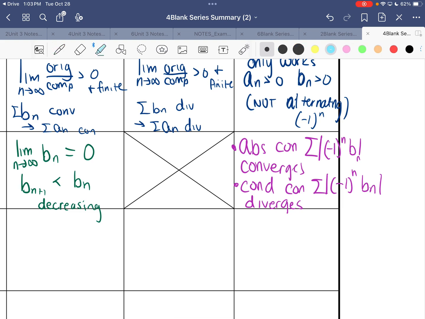So we have absolute convergence and conditional convergence just added in as a note for the alternating series test.